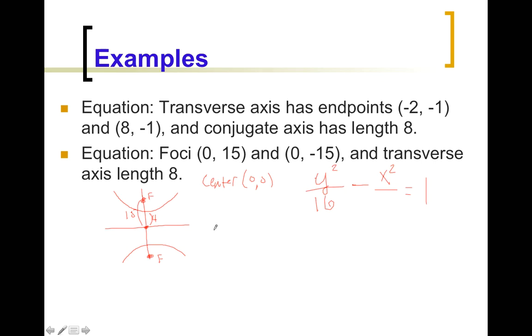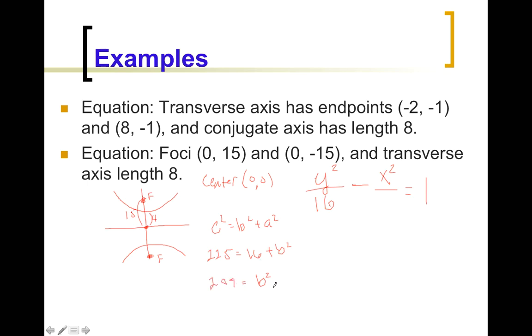Well, I can say that c squared equals b squared plus a squared. So therefore, 225, which is c squared, equals 16 plus b squared. And b squared is 209.